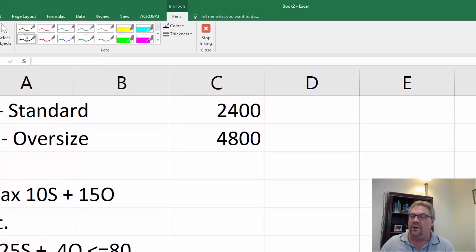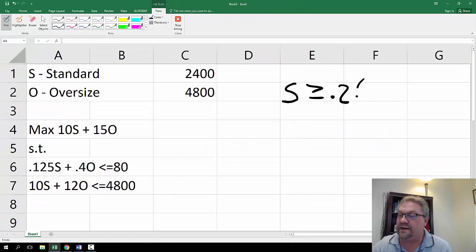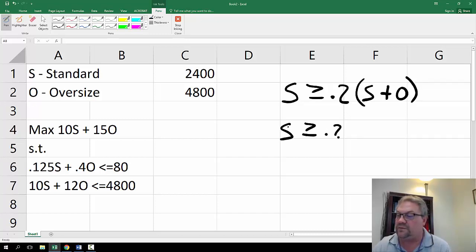So what they're saying is that S must be greater than or equal to 20% of the total production. Well, that is simply S plus O. So therefore, S is greater than or equal to 0.20 times S plus O. Oops, that's an S, not a 5.